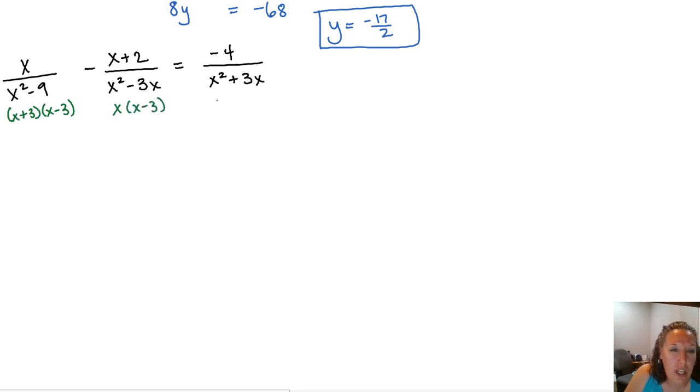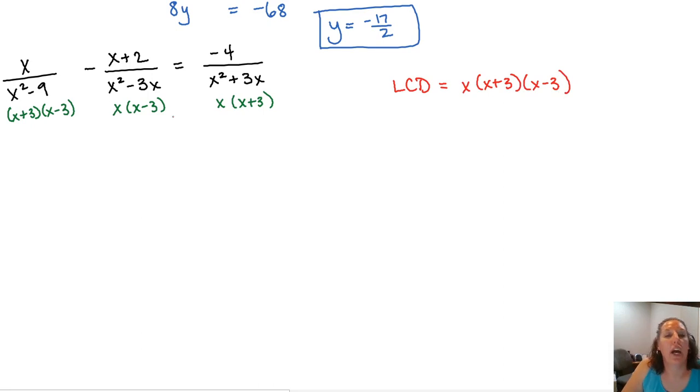And then x squared plus 3x also has a GCF of x, and it's going to leave us with x plus 3. So on this one, our LCD is going to be x plus 3, x minus 3, and then these last two fractions also have an x in there, and so our three factors for our LCD will be x, x plus 3, and x minus 3.